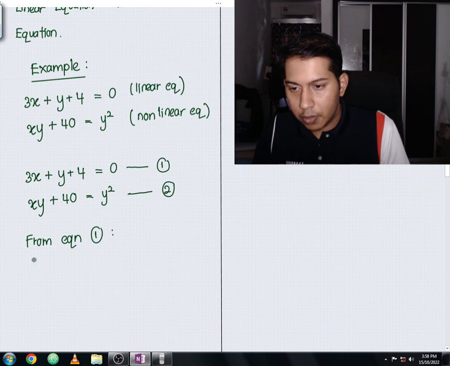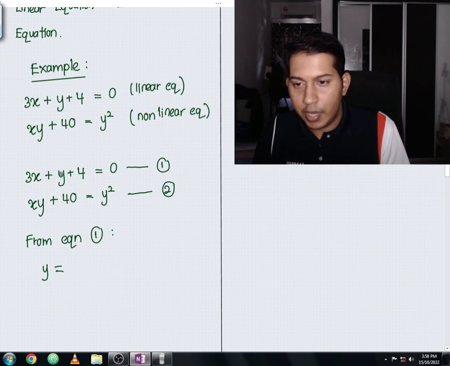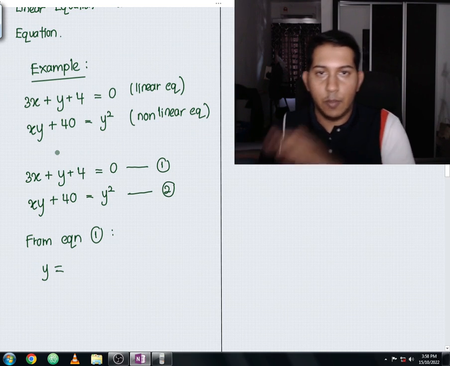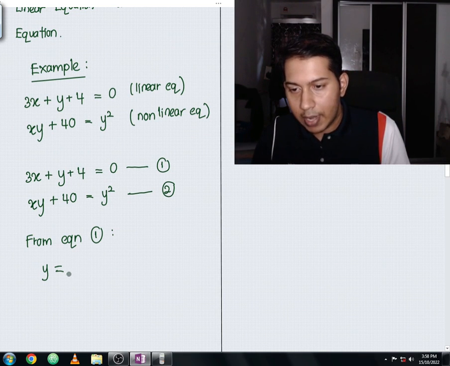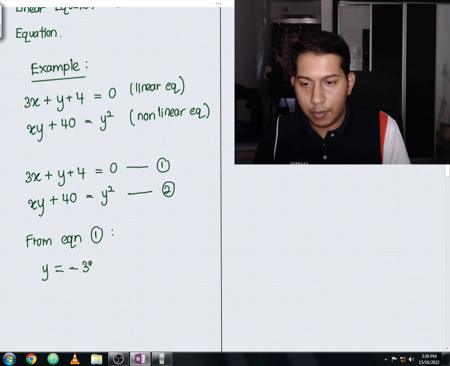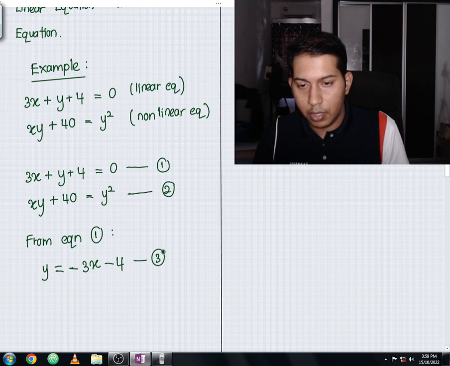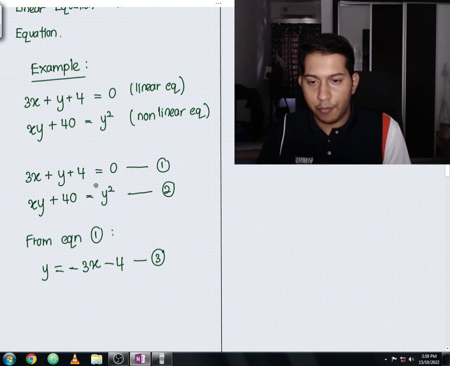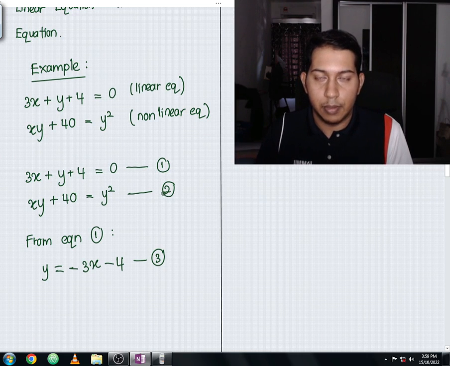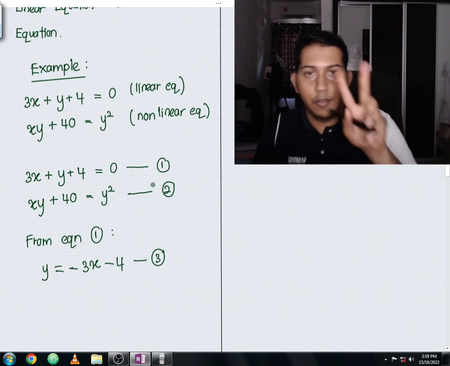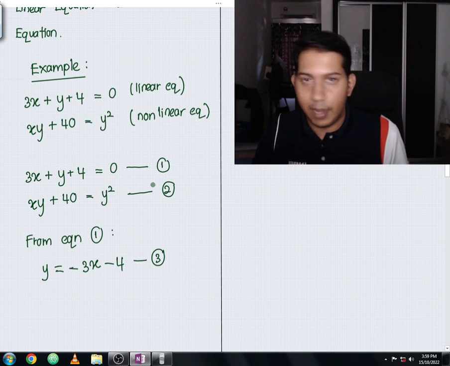So y equals, the 3x and 4 from the left hand side you move over to the right hand side, so you get y = -3x - 4. This is your third equation. We have already formed a new equation, and that new equation we're going to substitute into the non-linear equation in order to reduce from two variables into one single variable.